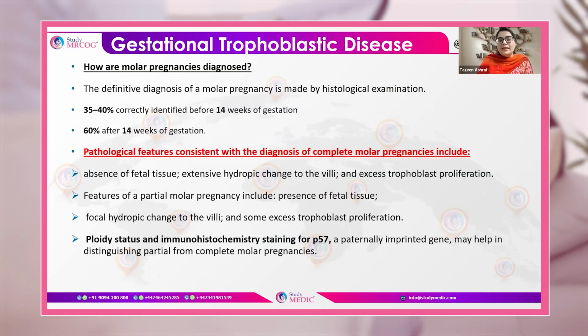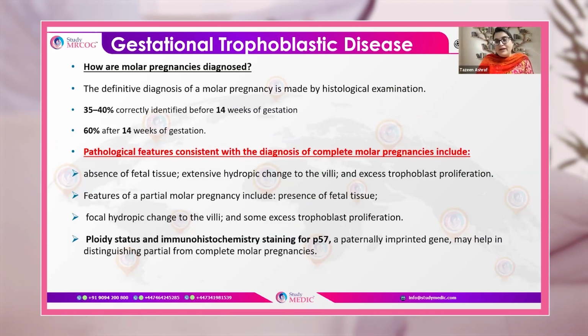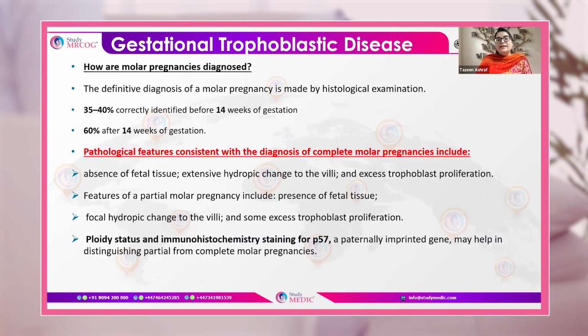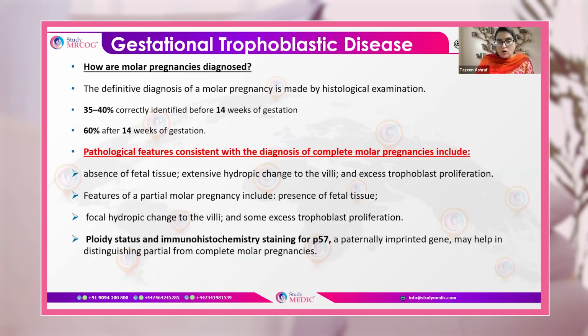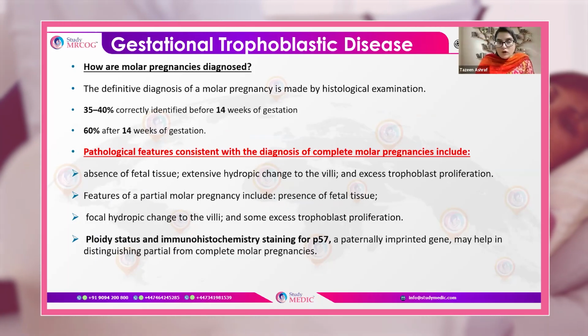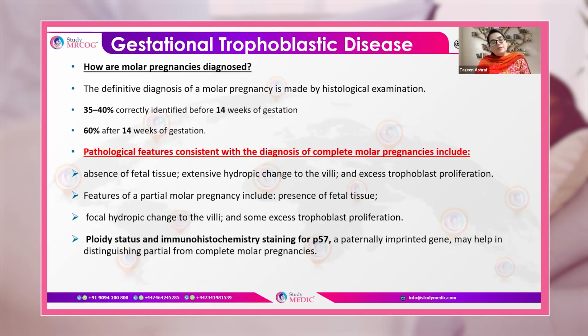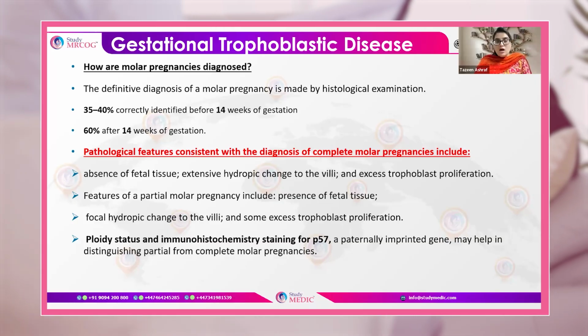For molar pregnancies, the definitive diagnosis is by histological examination, when we remove the pregnancy and send it for histopathology. 35 to 40% are correctly identified before 14 weeks of gestation, and 60% are identified after 14 weeks.